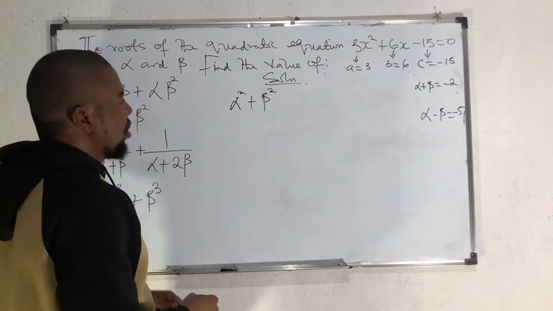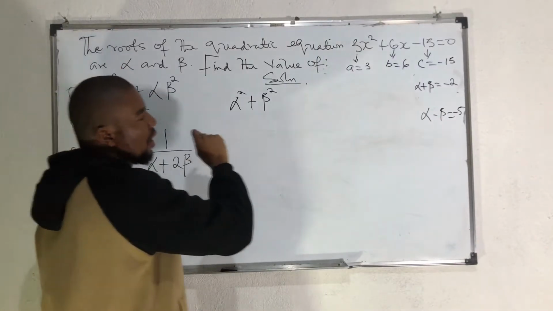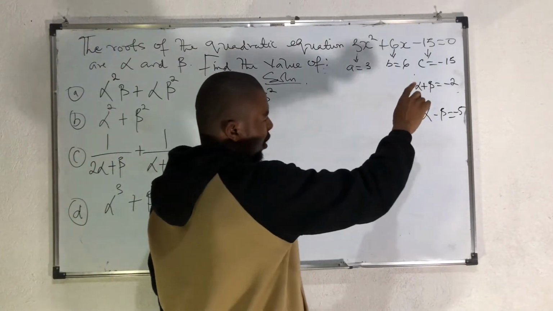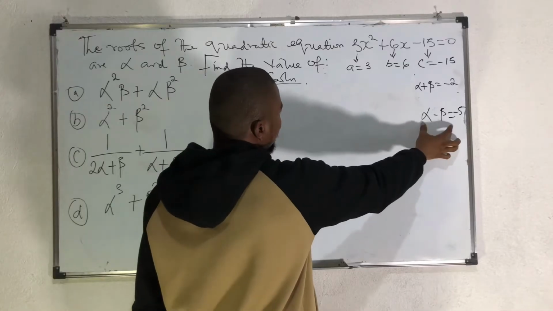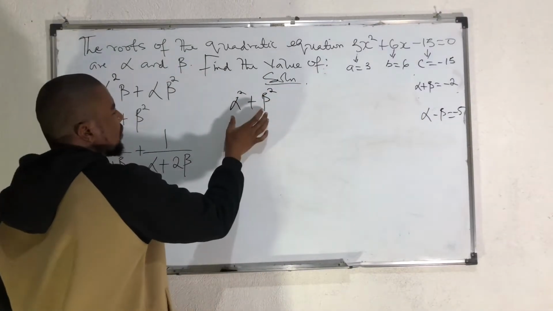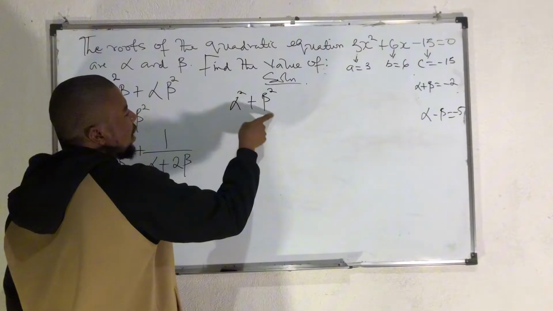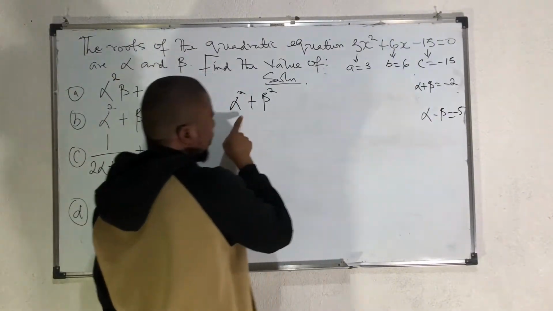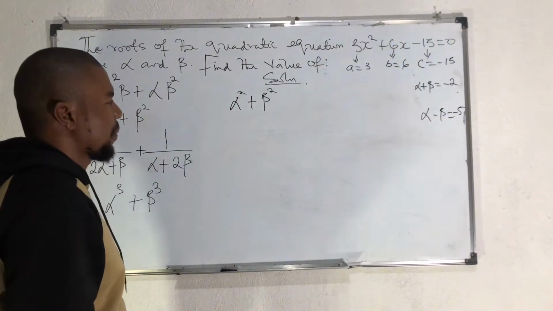Remember that I told you that you have to transform this because we only have alpha plus beta and alpha beta squared. Therefore, we have to transform this because we don't have anything that looks like this in here. How do you do this one?